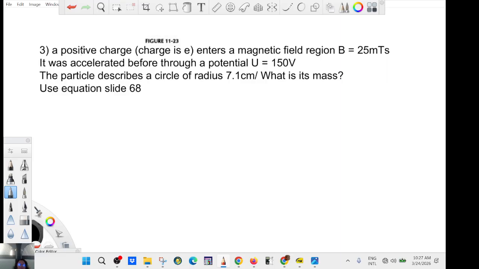You have to remember from test number 2 the electric potential energy. This is the electric potential energy, and it's going to turn into kinetic energy. So that's one equation. Second equation, the radius in a magnetic field.